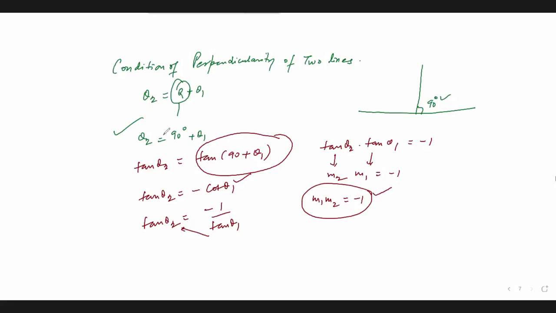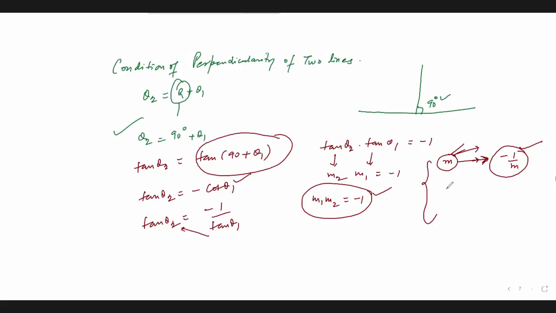One thing more we can say from here: if a line has a slope m, what will be the slope of the line which is perpendicular to this line? That is minus 1 by m, the slope of a line which is perpendicular to the first line.